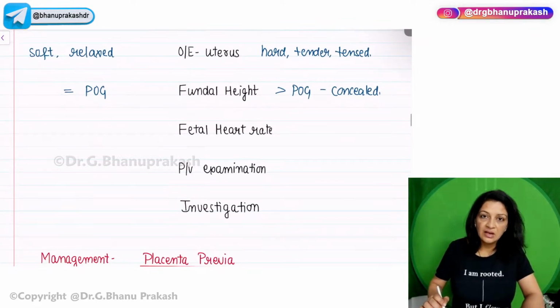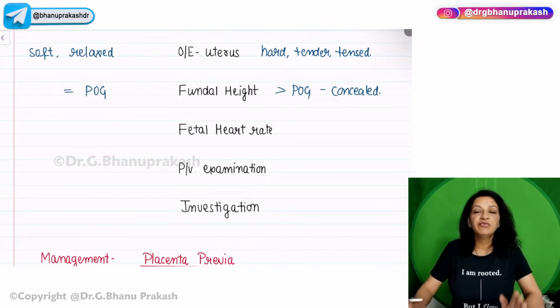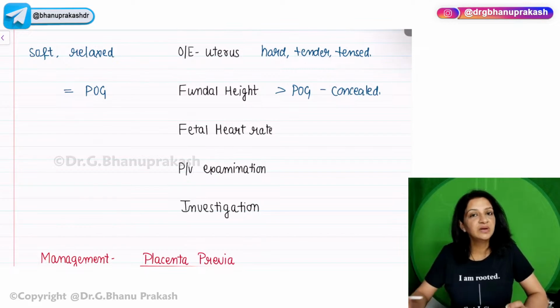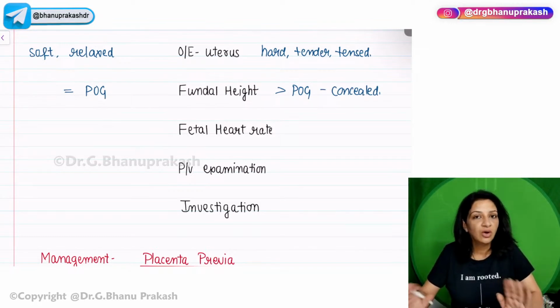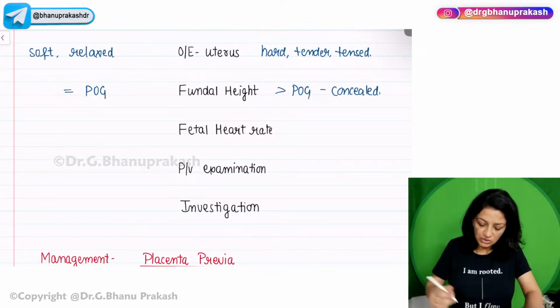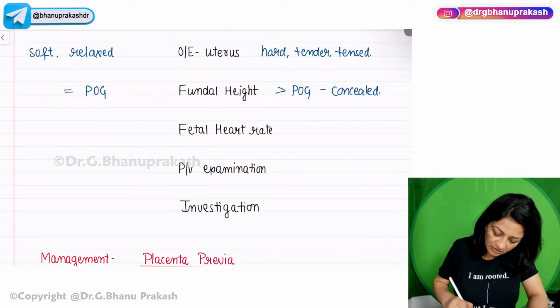Fetal heart rate. Please remember कि fetal heart rate हमेशा हमें placenta previa में audible रहेगा. But in case of abruptio placenta, due to bleeding, इतनी bleeding हो जाएगी हमें fetal heart rate अच्छे से audible मतलब सुन ही नहीं पाएंगे. So in case of placenta previa, fetal heart rate audible.